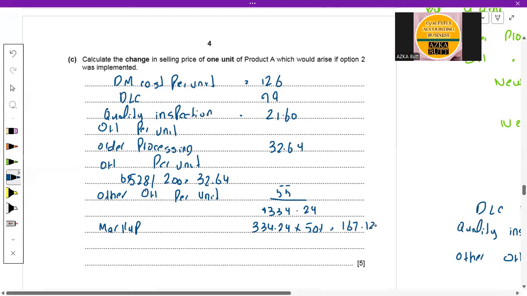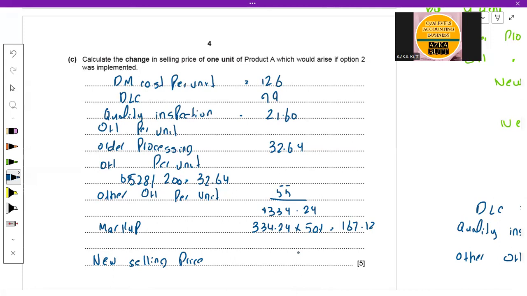So now the new selling price would be 334.24 plus 167.12. So the new selling price would be equal to 501.36.